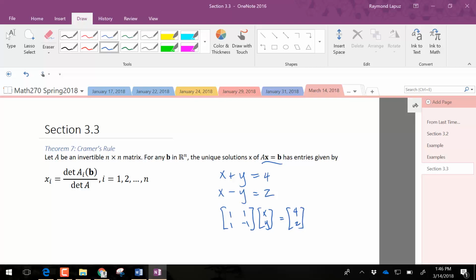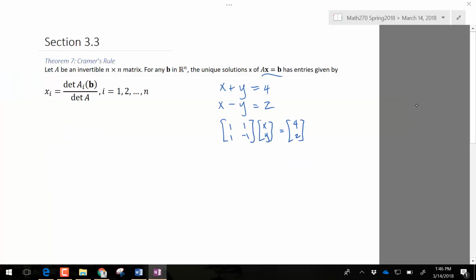Well, you could solve for this in a bunch of different easy ways, but we're going to solve for this using Cramer's Rule. And Cramer's Rule says that the ith x coordinate that you're looking for is going to be the determinant of, and what this symbol says is that it's the original matrix, but you're going to replace the ith column by the vector b.